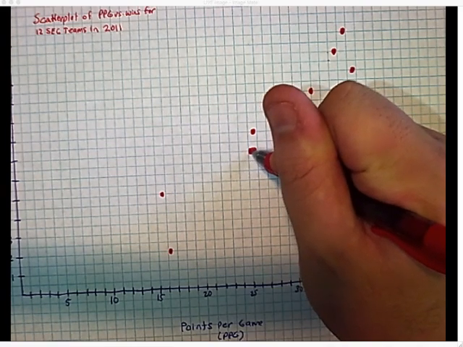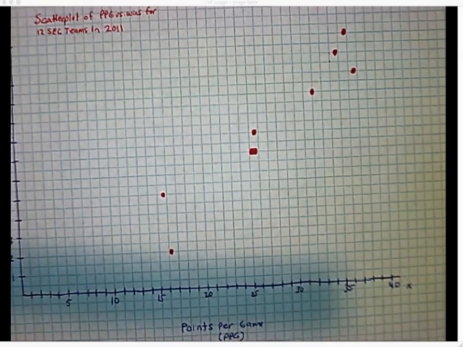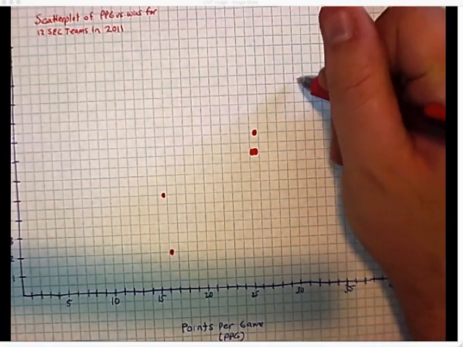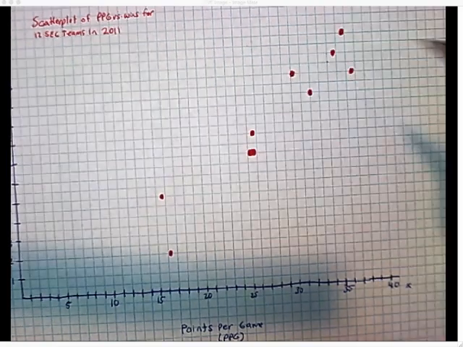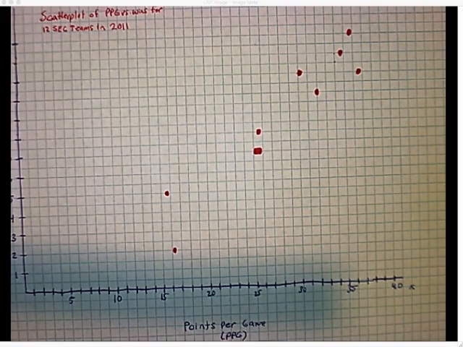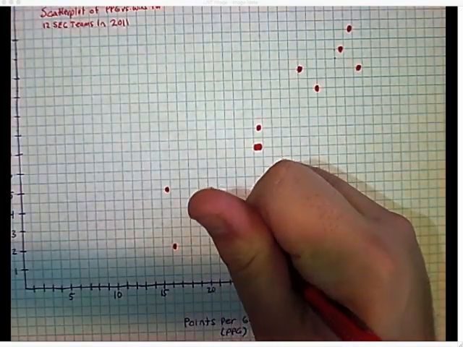So now this represents 2 dots, really close to each other. South Carolina had 30.1 and 11. It would be a little bit further, but right there. Tennessee had 20.3 and 5.